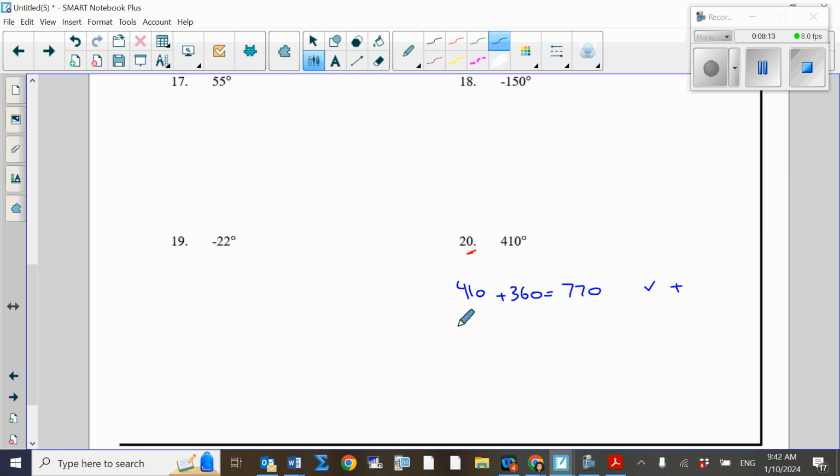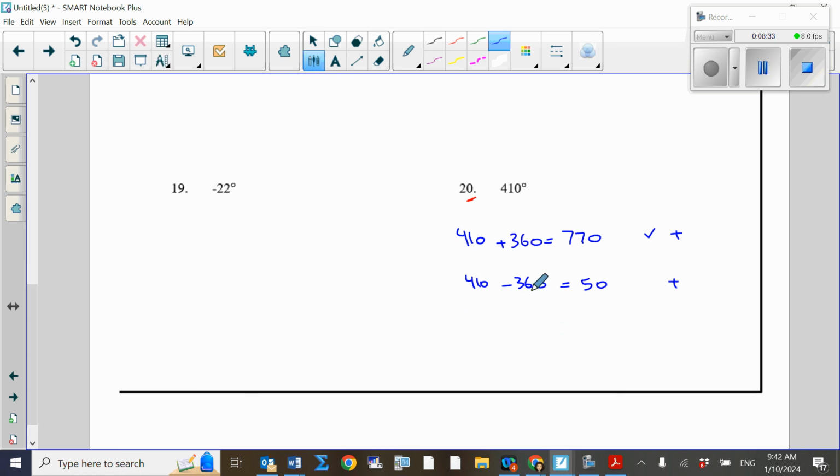And next, let's try subtracting, see if we can get a negative, because we need one positive and one negative. So this time, I'm going to subtract 360. If I subtract, it's going to be equal to 50, but this is still positive, so we don't need this one. So how do I find a negative? Maybe this time I subtract two 360s from 410.